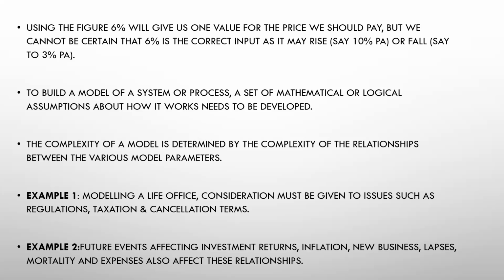There the premium rate to be fixed for the policyholder will depend on the policyholder's age. It will depend upon the taxation rules of the government on insurance companies. It will depend upon fluctuating interest rates and so on. This is the best example. The next example is future events affecting investment returns: inflation, new business, lapses, mortality, and expenses also affect the relationship in any insurance or pension firms or any directions.